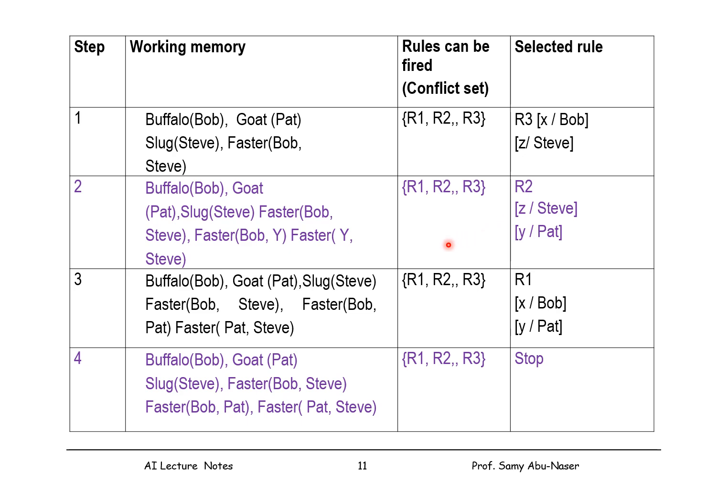R2, if you remember the rule, says if Y is Goat and Z is Slug, then Faster Y and Z. So we can substitute Z with Steve and Y with Bat, since rule 2 has Y with Bat.